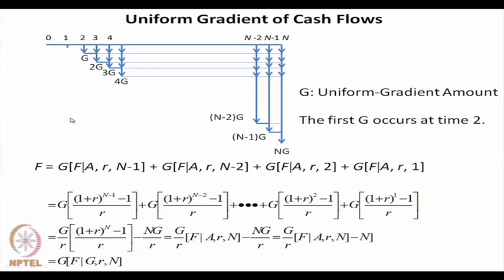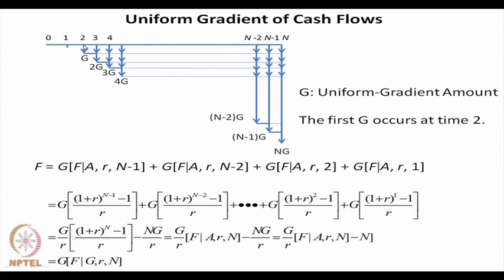Now, I can find the equivalent amount at the end of the nth year. This amount I can find out in this manner. I can assume this 2g as equal to g plus an extra g, this 3g as equal to g plus still another g, and like this I can continue up to this.